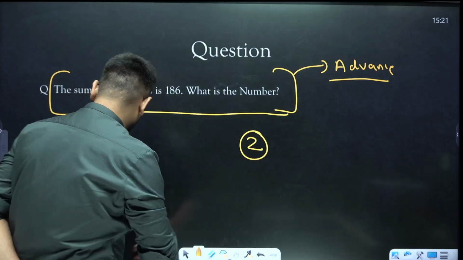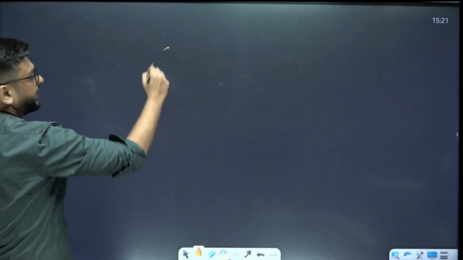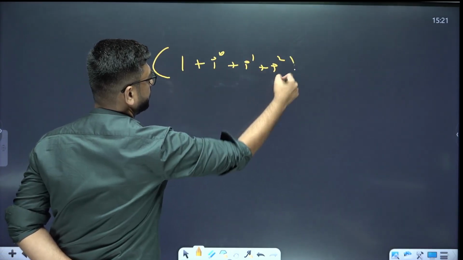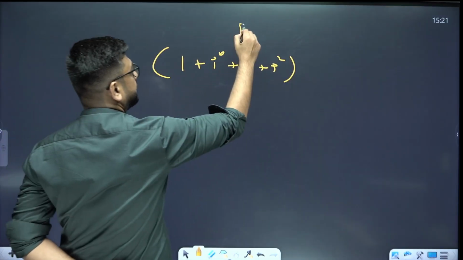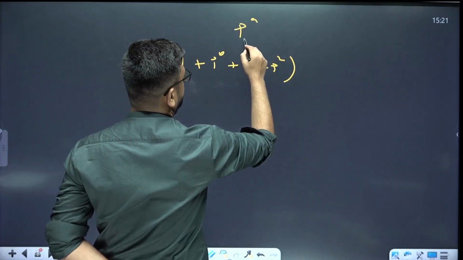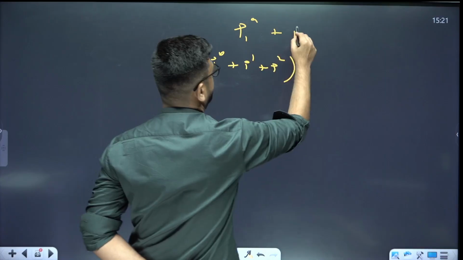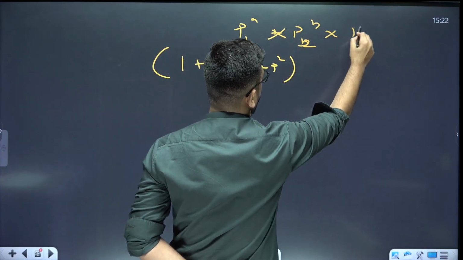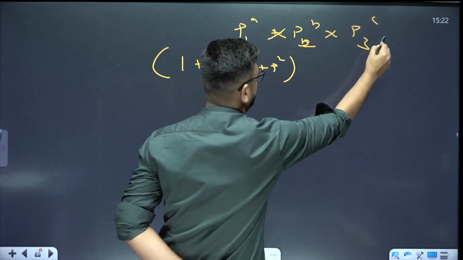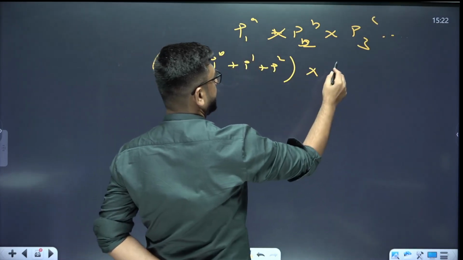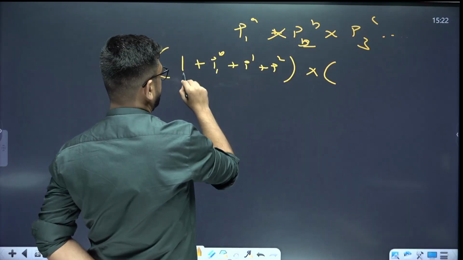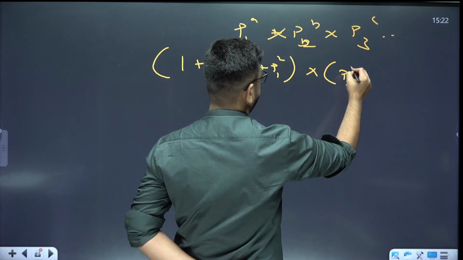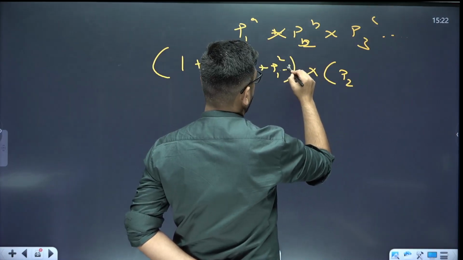The formula for the sum of the factors is 1 plus p raised to power 1 plus p raised to power 2, and so on till p raised to power a.